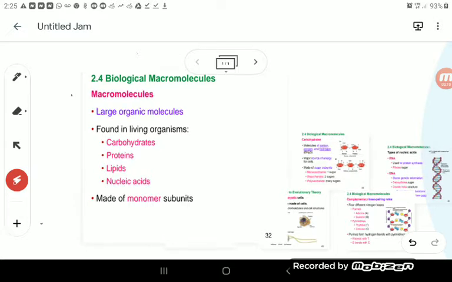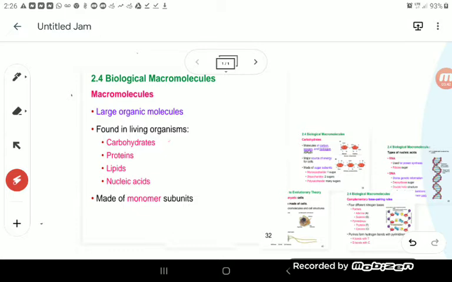And nucleic acids store information for making the proteins, which make the lipids and then manipulate the carbohydrates. So nucleic acids are DNA and RNA, and they store information for making the proteins. And then the proteins do work. They manipulate the lipids, put together the lipids to make membrane, and also process the carbohydrates for energy.